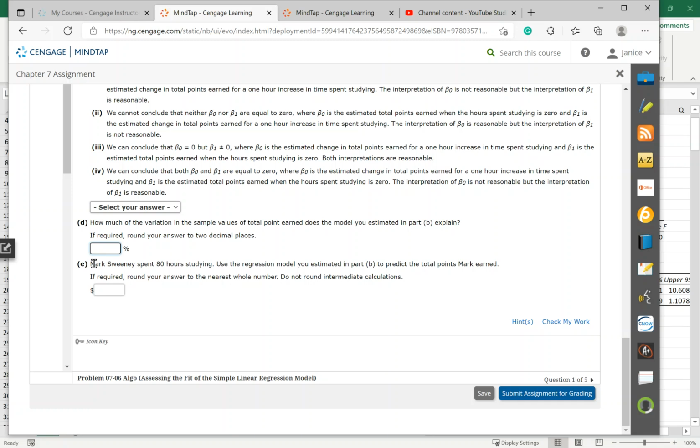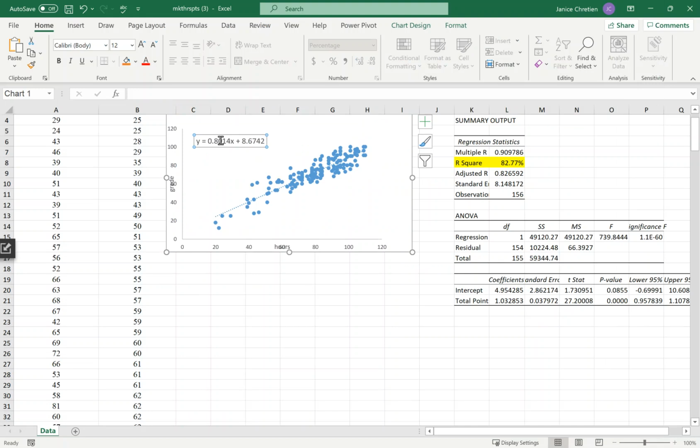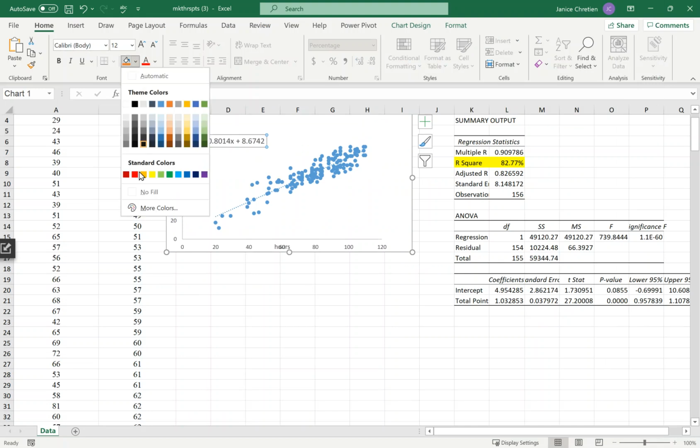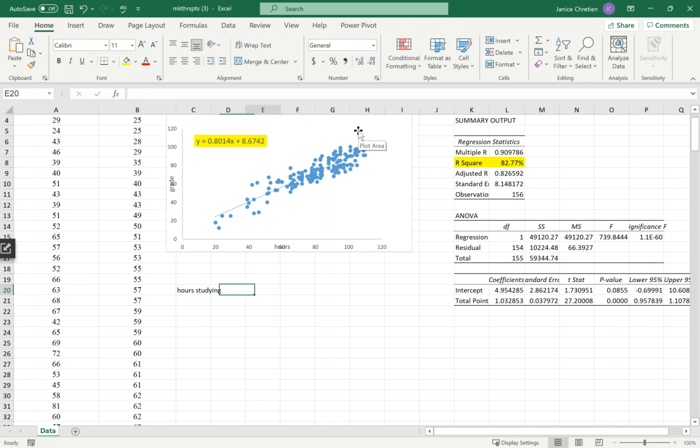Mark spent 80 hours studying. Use the regression equation to determine what his grade would be. Okay, so remember, this was our equation. And now our studying is 80.